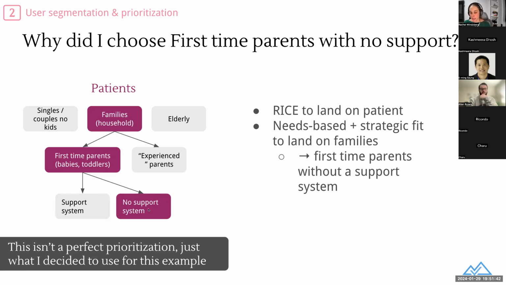And first-time parents without a support system is definitely need-based. So this isn't a perfect prioritization, but I just wanted to show you that I can take different layers of segmentations and approaches. Every time I skip a layer, I can look at it a bit differently to narrow down, or I can just use the same framework across all of it.